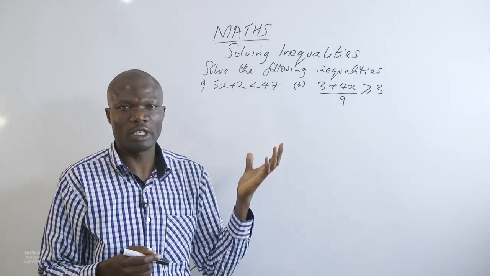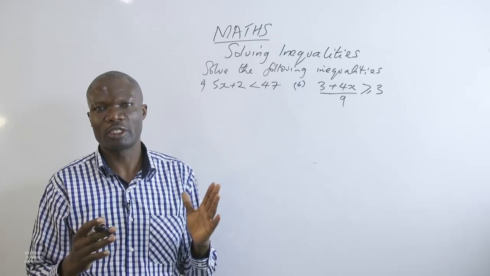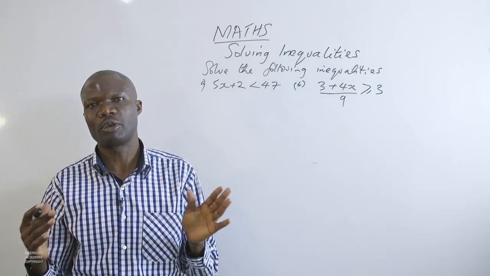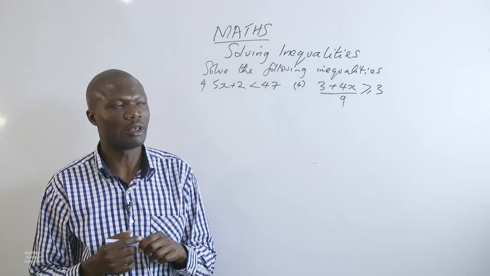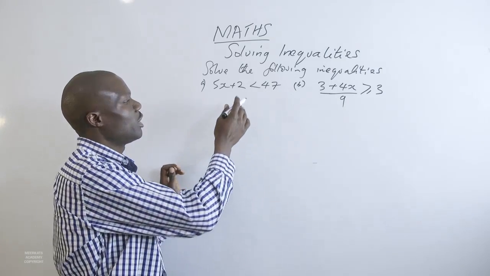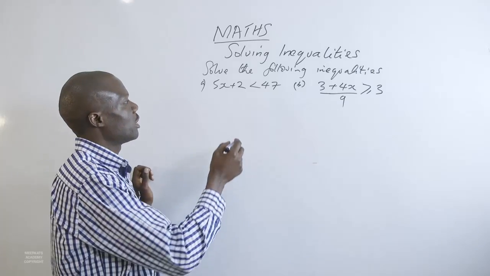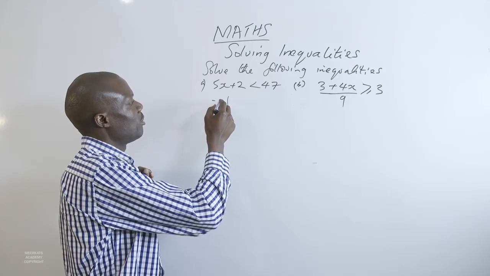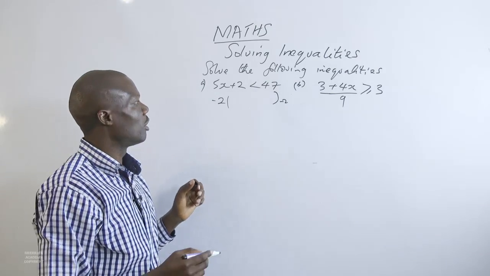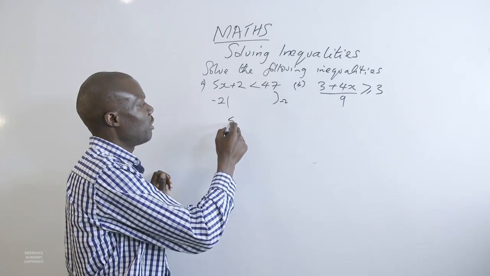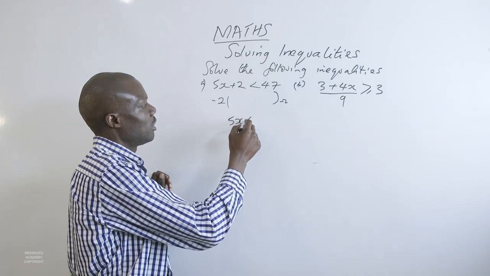Now, as we have seen earlier on, the approach is done the way we do it in equations, working in a systematic way. So for this, we shall start by simply subtracting 2 on both sides. When you subtract 2, this will be 5x is less than 45.